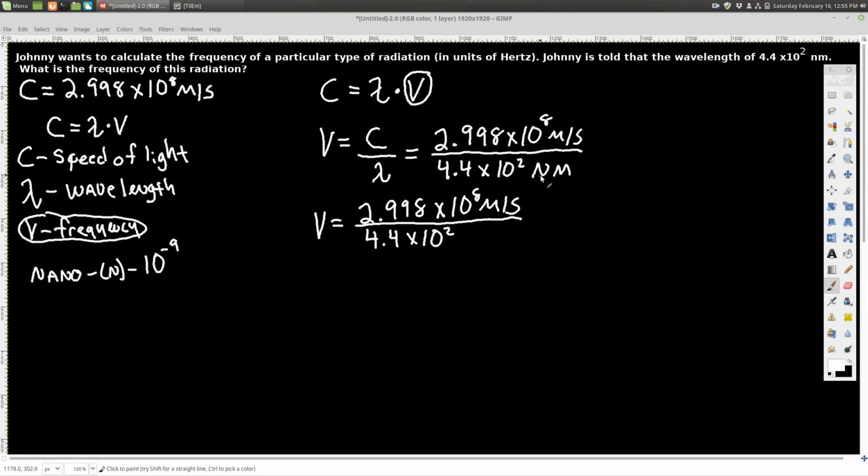On this nano, this is when I change it. I'll write down times 10 again, but this time I'm going to put -9 here, and then write the meters here. Granted, this makes extra work, but I do this so I can see that I took care of the nano.